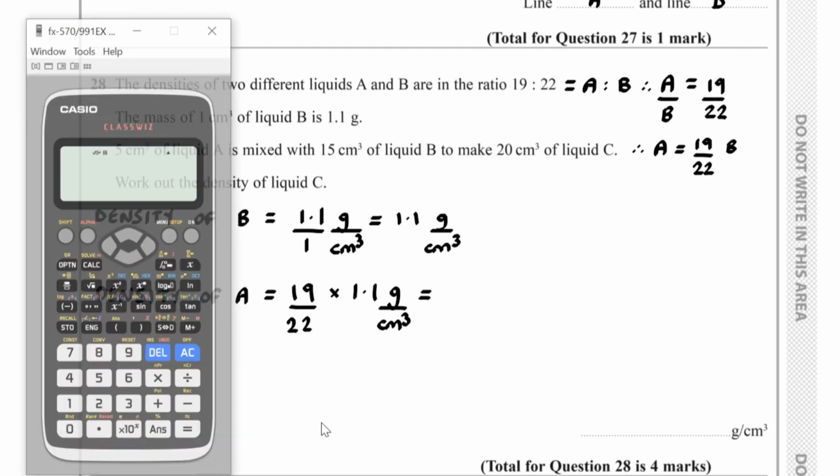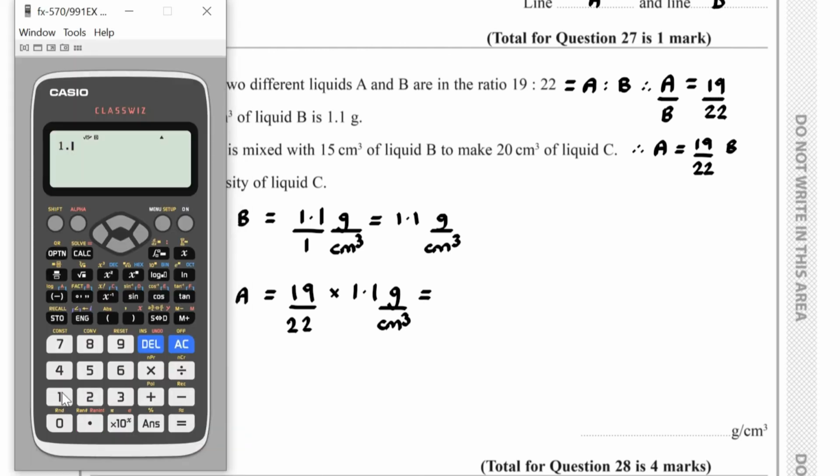So if I work out what this is, I get 0.95 grams per centimeters cubed.